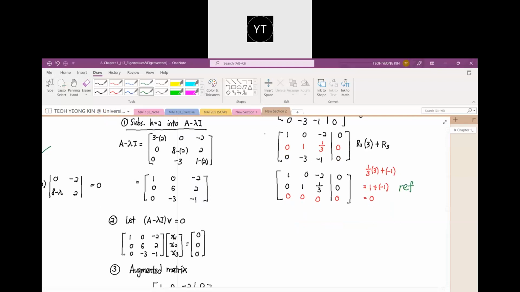So by using back substitution, let's say here is the first row. Here is the second row. So we start with the second row. The first column is x1.